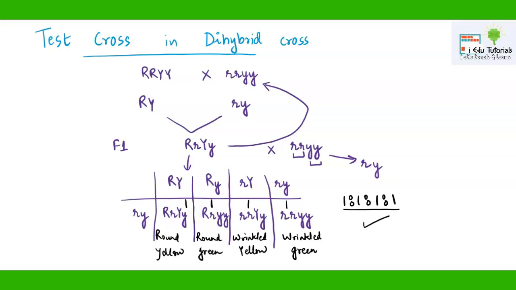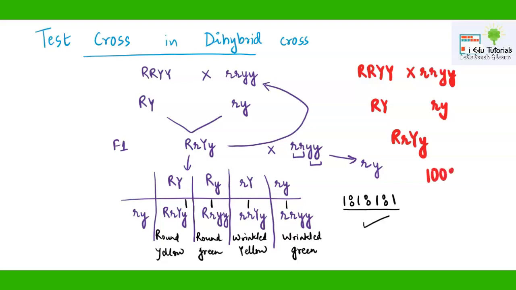If the F1 individual had been homozygous dominant, and if we had crossed it with the recessive parent, then what would have been the case? All the individuals would have been round and yellow. That means such a ratio of 1:1:1:1 would not have been obtained in this case.